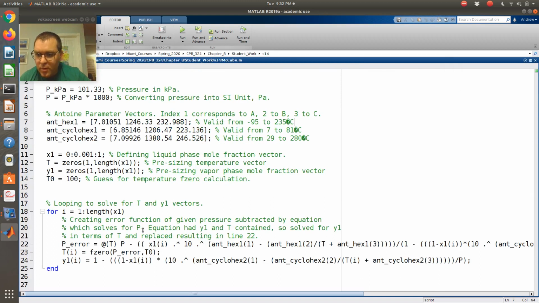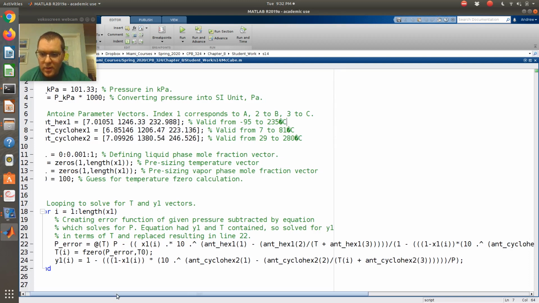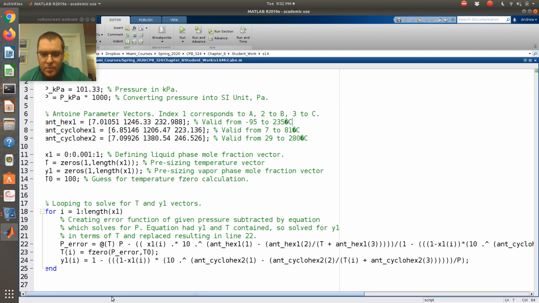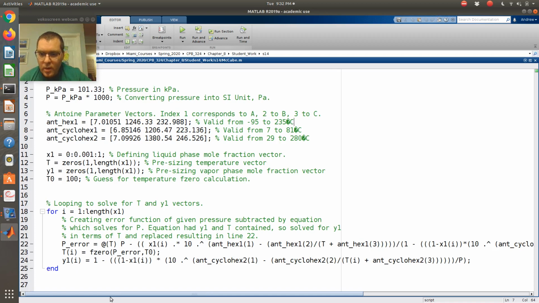So I'm going to loop over my x values. And try and create an error function to solve for T. And then once you have T, your goal is to solve for y.